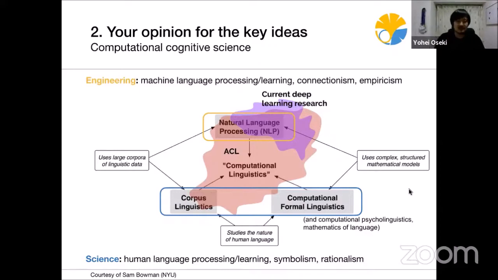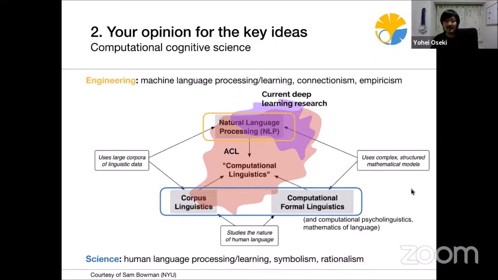They try to model language processing and language learning, maybe independently of the scientific study of language, based on big data called corpora. Current NLP research is dominated by deep learning techniques, as you can imagine, using neural net models without assuming any innate knowledge within the model.